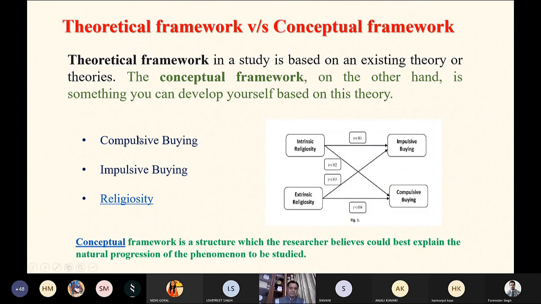For example, in this paper, compulsive buying behavior, impulsive buying behavior, and religiosity are three different theories developed by three different experts. We use these three theories to develop our research model, and that research model would be the base for developing the research objectives, research questions, and the research hypotheses that we are going to have. So theoretical framework and conceptual framework are different things. They are not the same.